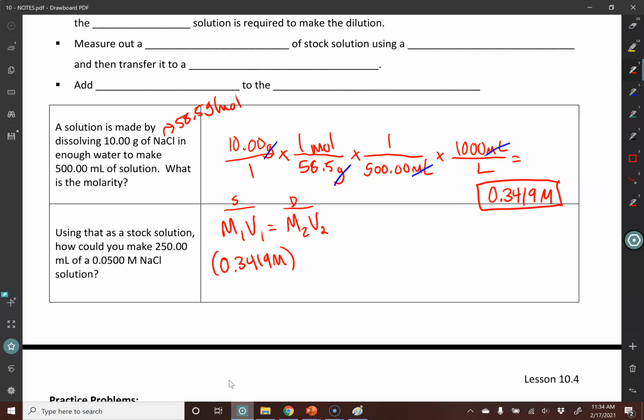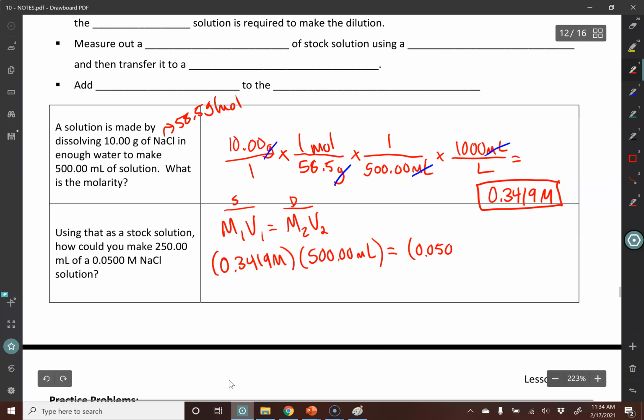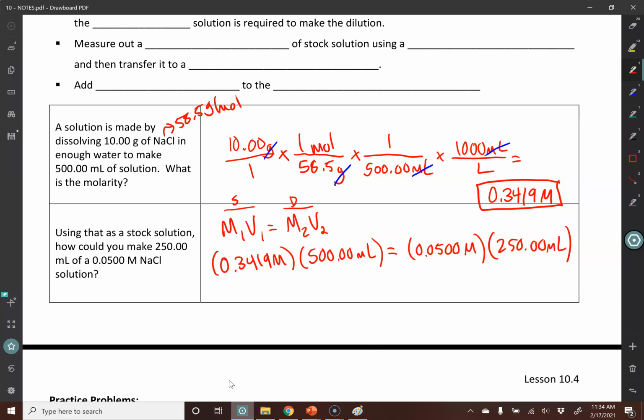What I see students often do is plug in for V1, "Oh, I've got 500 milliliters of that." I've got to make 0.050 molar solution, and I want 250 milliliters of that. So now I have nothing to solve for.